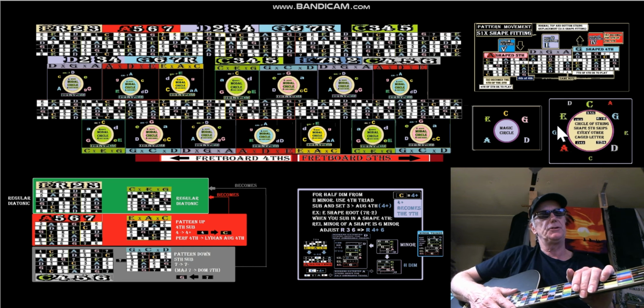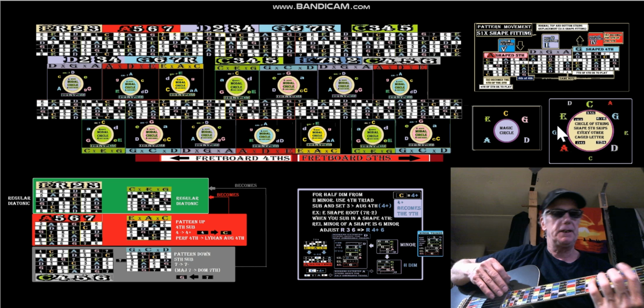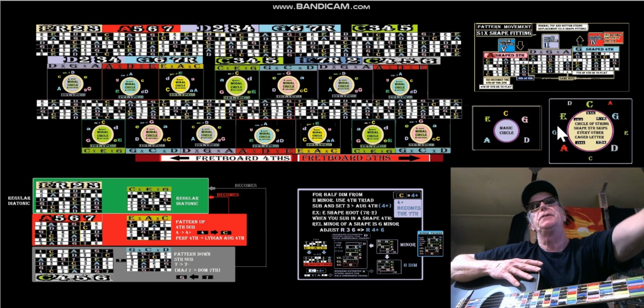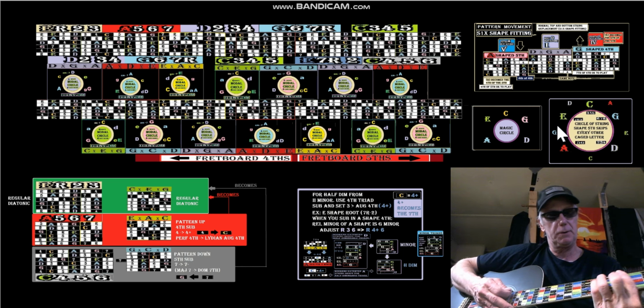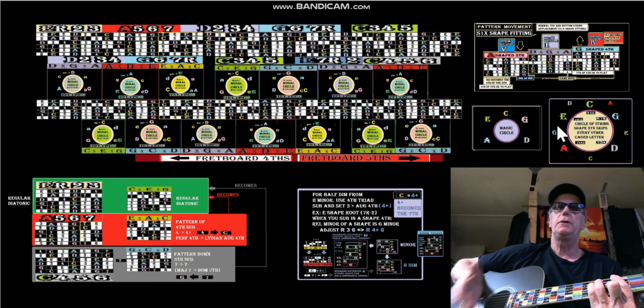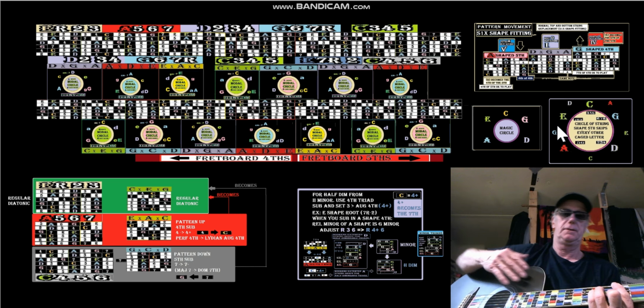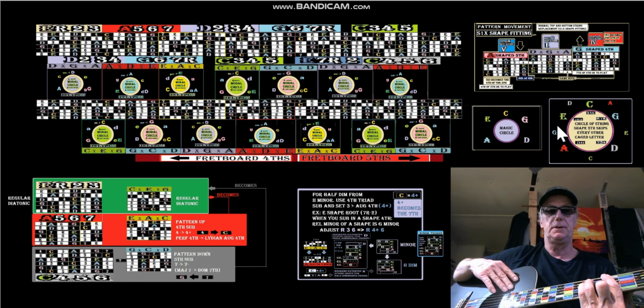Let's talk about substitutions. When we're playing, let's say, a C-shaped C, I'm going to just bar it with my finger, and we're going to an F. We're pretty much substituting an E-shaped F right there.